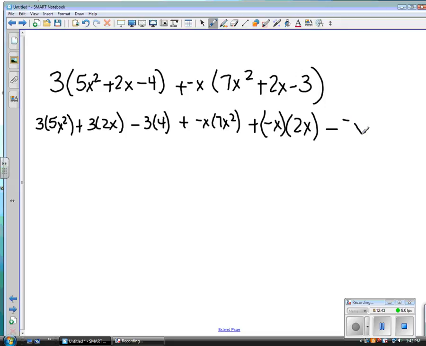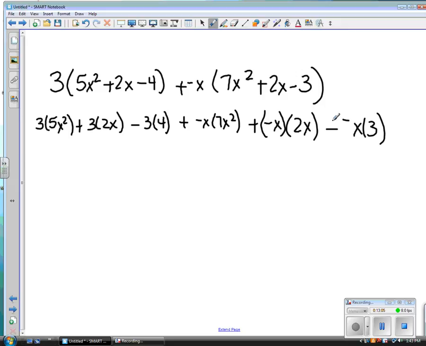Minus negative x times 3. Yep. The minus came from this minus. The negative x was because of my negative x. But we already know what is a minus and negative plus a positive, so I can change that.